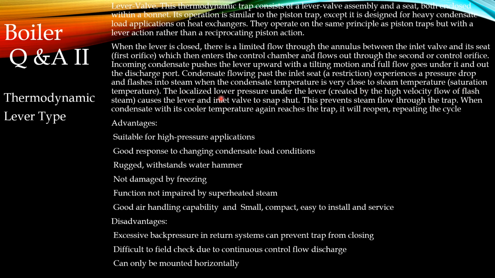Localized low pressure under the lever, created by the high velocity flow of flash steam, causes the lever and inlet valve to snap shut. This prevents steam flow through the trap. When condensate with a cooler temperature again reaches the trap, it will reopen, repeating the cycle. So this is the function of the lever type thermodynamic trap.